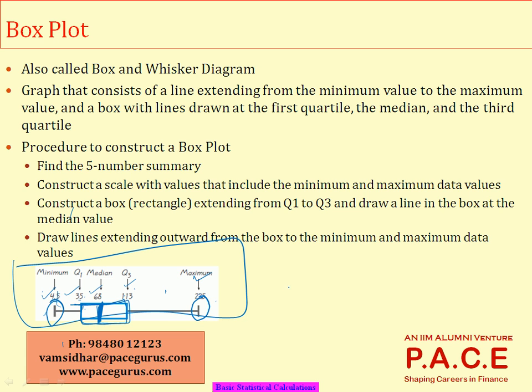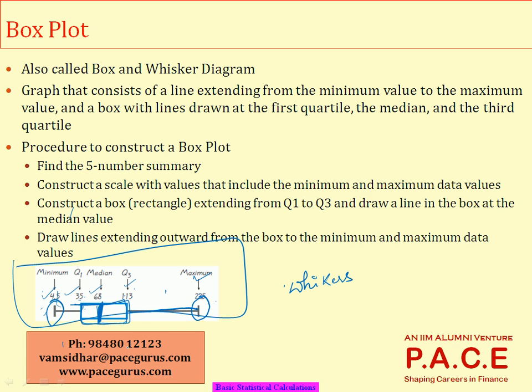These two, minimum and maximum, are typically called whiskers, and a smooth straight line joins Q3 to the maximum and Q1 to the minimum. This typical kind of plot is called the box plot.